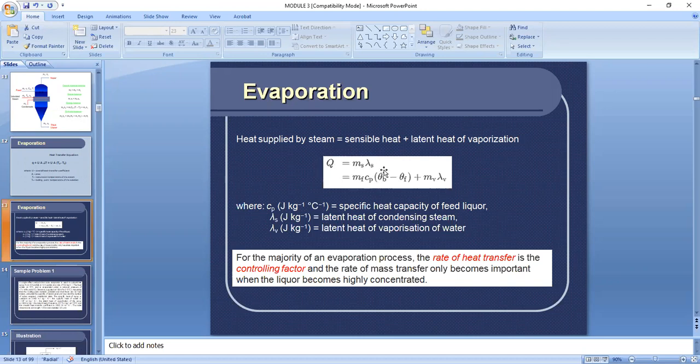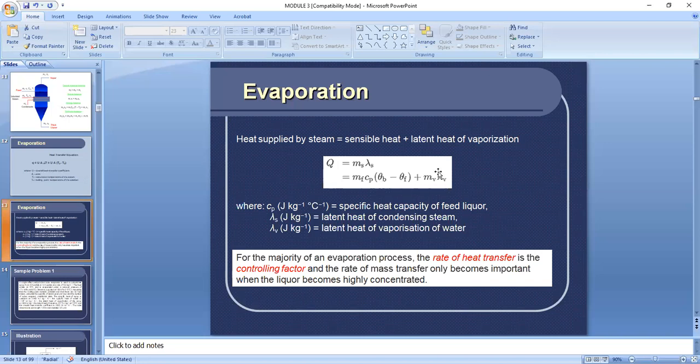As for the CP in the formula, it's the specific heat of the feed liquor, just in case it's impossible to determine right away the Q based on this formula. The CP of the feed liquor is the C sub P indicated because the multiplier here is the mass of the feed. And the T sub B is the boiling point of the feed minus some reference temperature, depending on the set of units given in the problem.